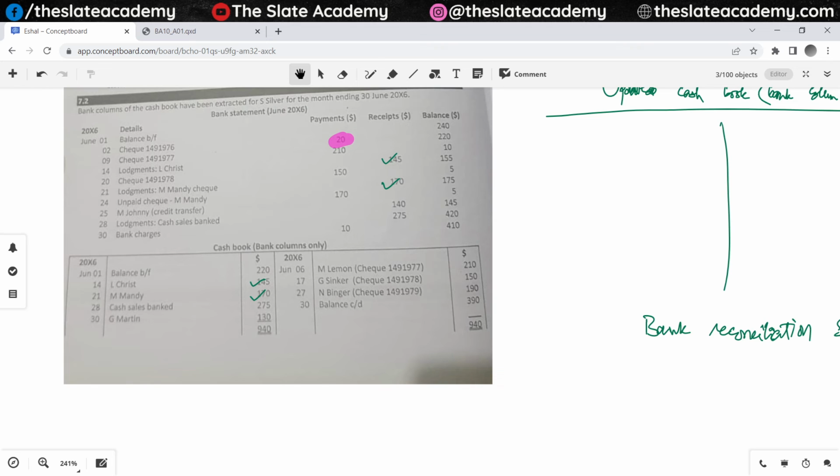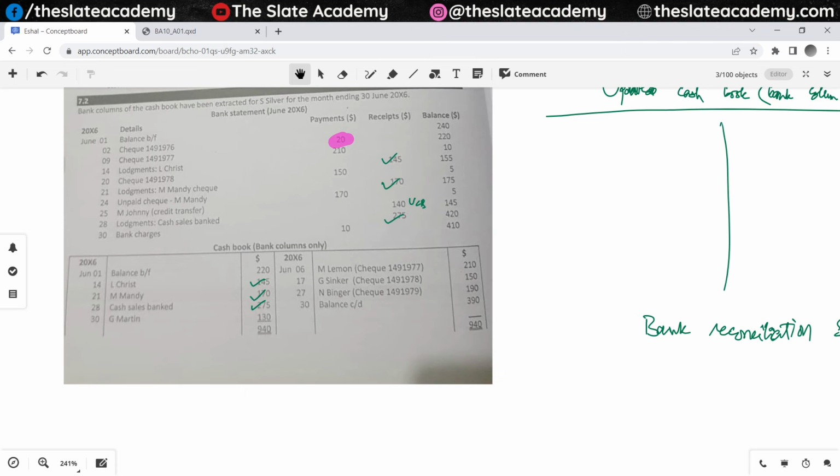Then in bank statement there appears an amount 140 which is not there in the cash book. So amounts appearing in bank statement and not in cash book will go to updated cash book. And then there is a receipt of 275 in bank statement, and 275 also appears over here.